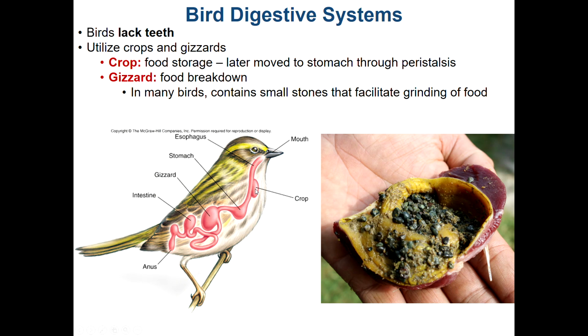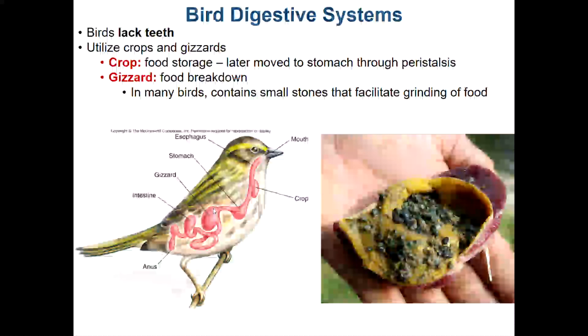The crop is the location of food storage, and then the food is later moved to the stomach through muscle contraction in the digestive system, what's called peristalsis. After the food moves through the stomach, it then enters the gizzard, and the gizzard helps with additional food breakdown. In many birds, they actually eat small stones that can facilitate the grinding of food.